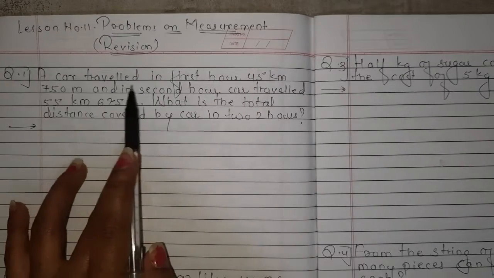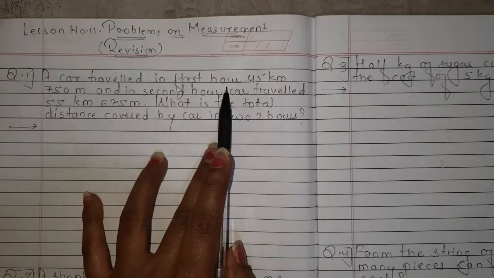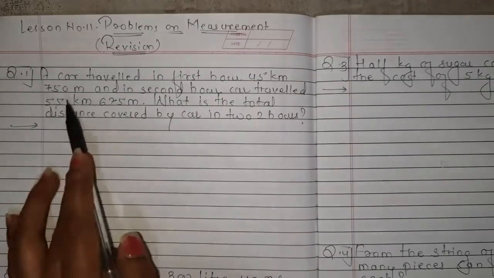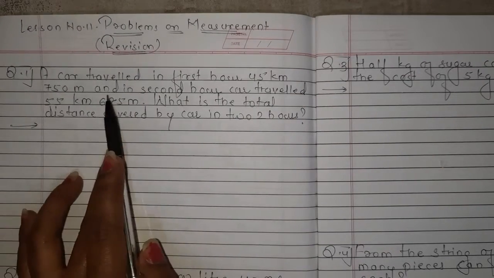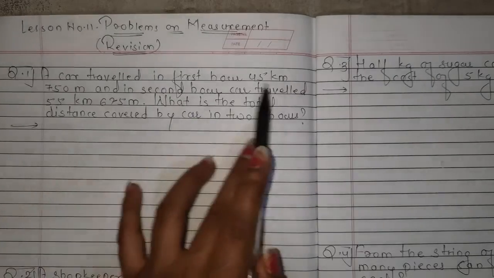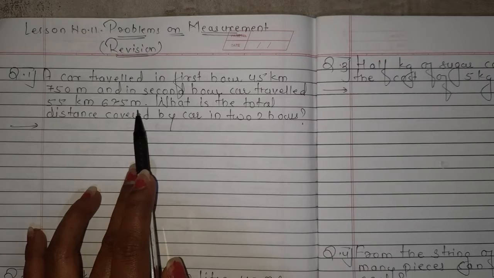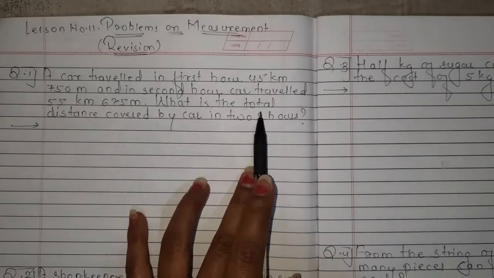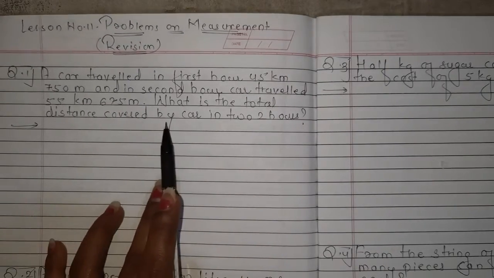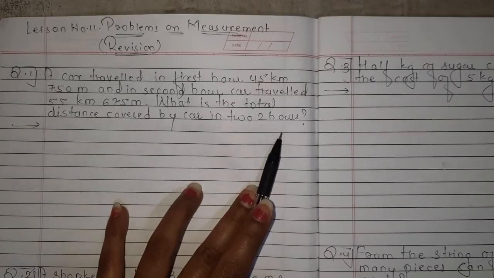A car traveled in first hour 45 kilometer 750 meters, and in second hour the car traveled 55 kilometer 675 meters. What is the total distance covered by the car in 2 hours?